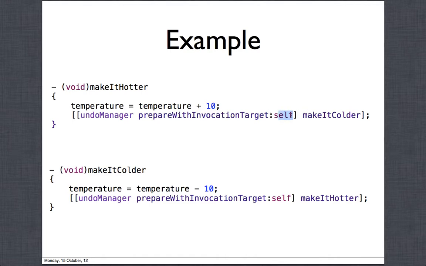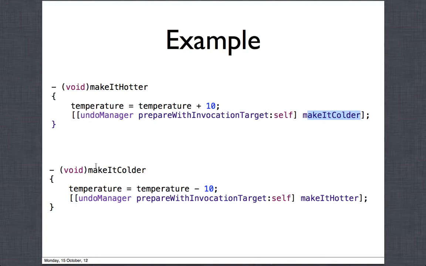So the target of that invocation, the target of the method that should be called when you want to undo, is me, it's self, the object where this happens, the instance. And then I pass the name of the method that should be called if I want to undo this action.